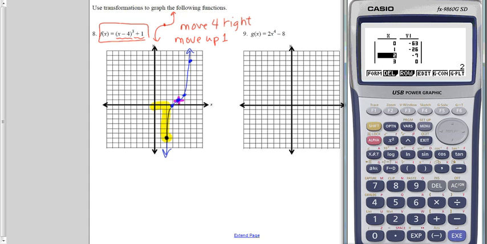The next point on my table was 3, 0. That's that point right there. I can keep scrolling down. And I have 4, 1, 5, 2, and those are the same points that I have plotted on my graph. So pause the video while you try 9 through 11 and then see how you did.